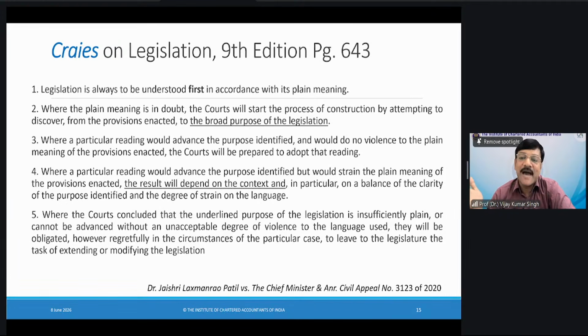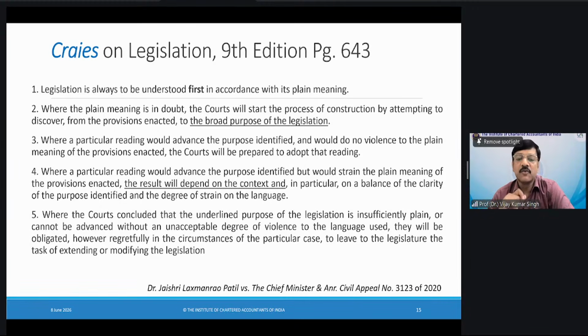So there has to be a balance of the clarity of the purpose and degree of strain on the language. So just because you want to interpret a law in a particular way, you cannot change the law. The courts don't have power to change the law. The court has power to interpret the law. And hence, you cannot strain the things too much.